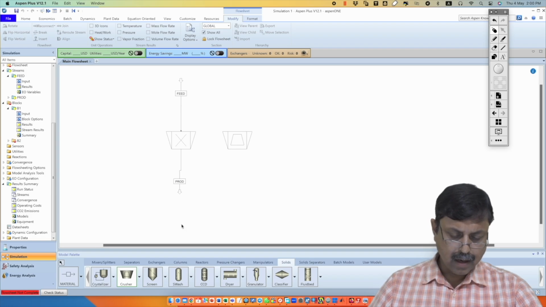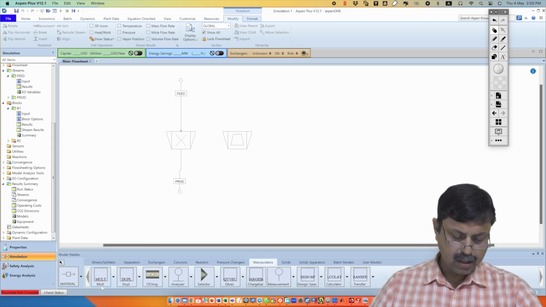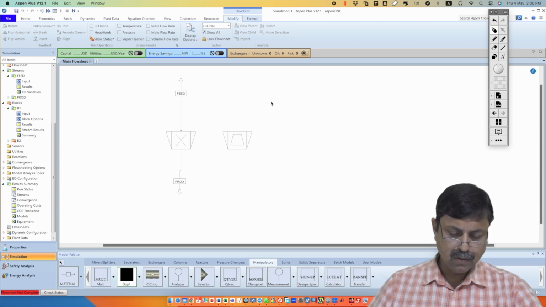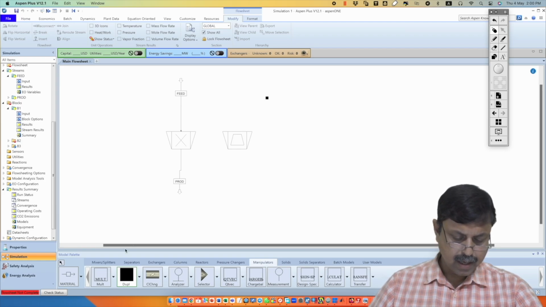Okay. Now we will use a manipulator, say duplicator manipulator, which can be over here. Okay.